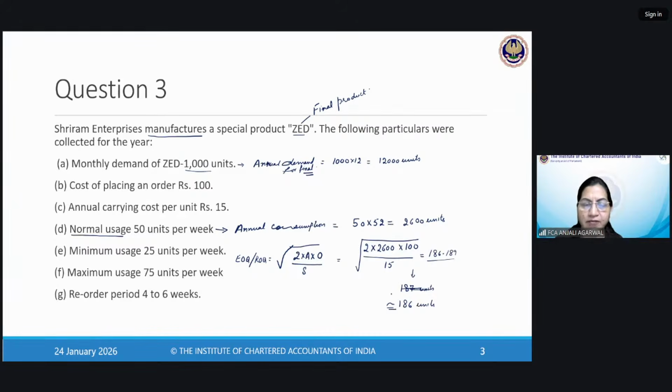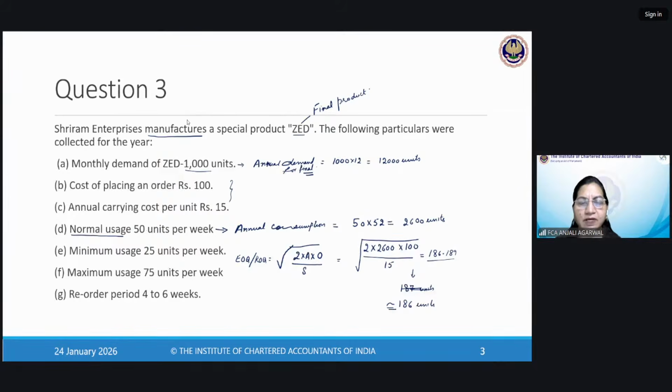Not round off to 187, but 186. Right? So reorder quantity comes out to be 186 units. Every time you place an order, you place an order for 186 units. So far clear? Placing cost is given, carrying cost is given, and your usage is given.